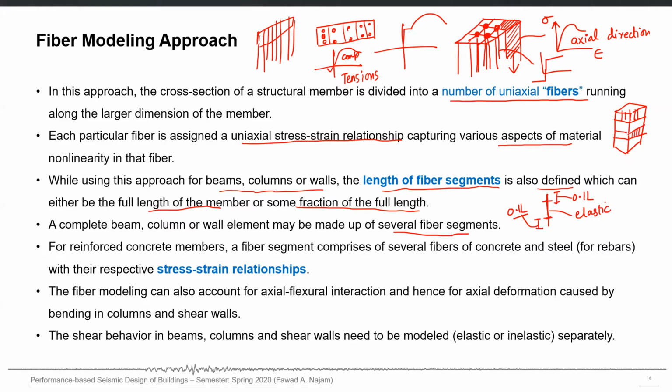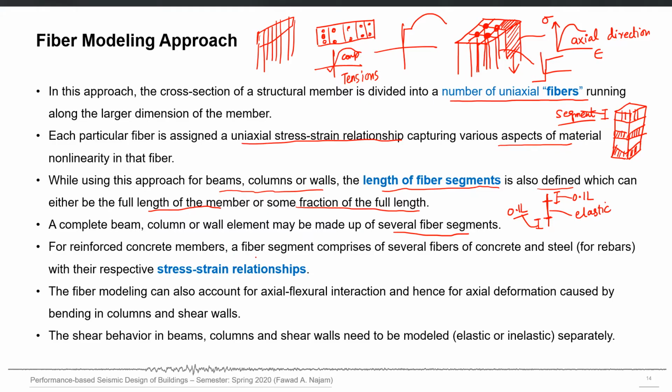And then towards the end, you may again have a fiber section. So one length of the fibers will be called a fiber segment. One column can be made of several fiber segments if you are expecting nonlinearity at different locations along the length. And alternatively, you can also go for the whole length of the column as a fiber element.